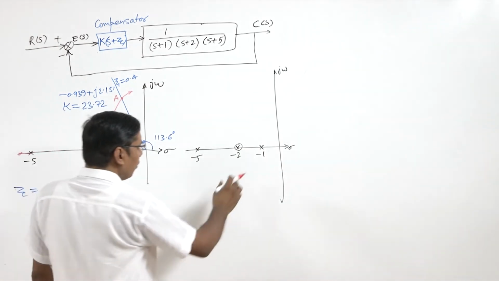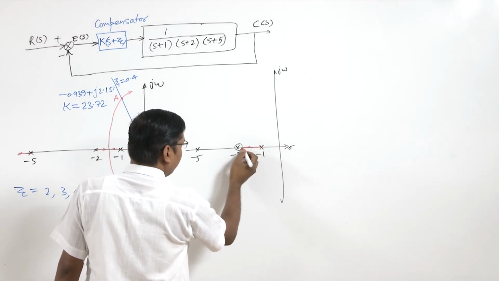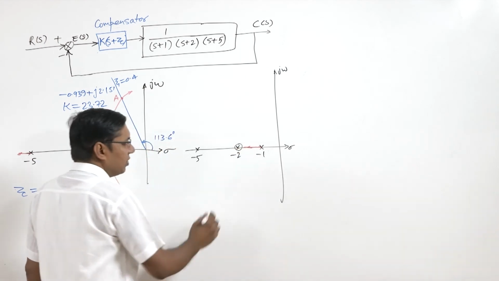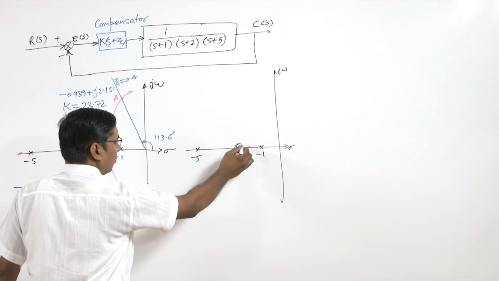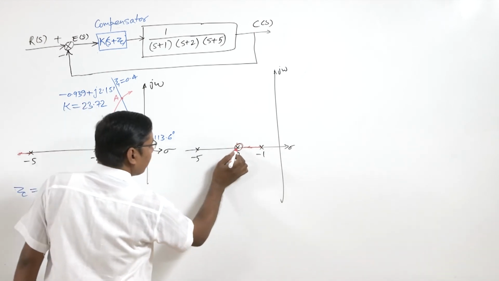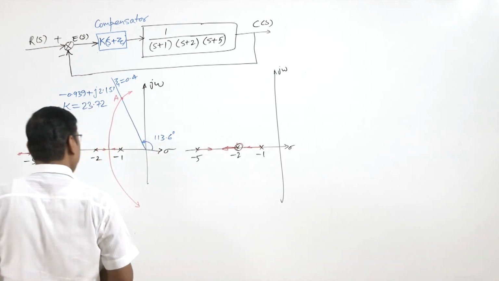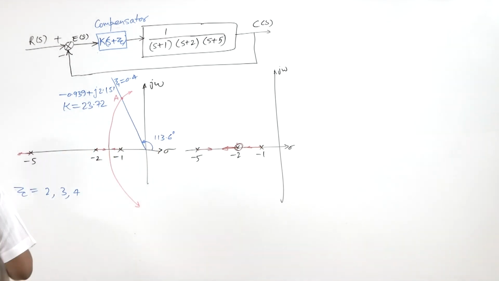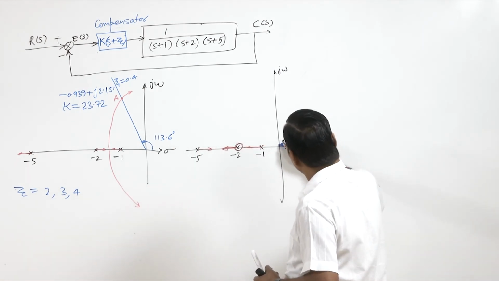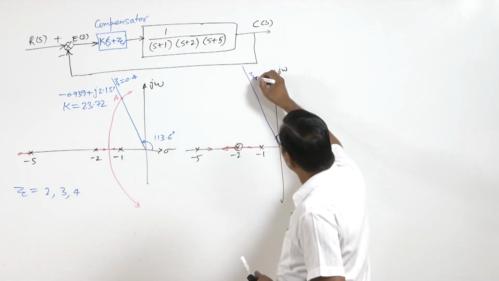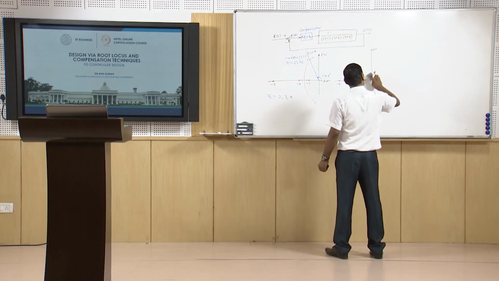So we can see the root locus will start here and end at this zero, and here is this zeta equal to 0.4 line.